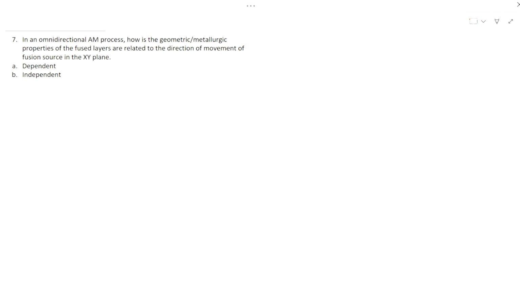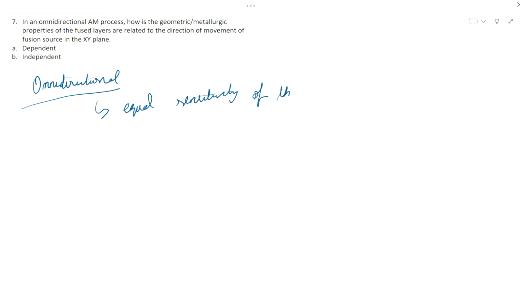Okay. The question is, how are the geometric or metallurgical properties of the fused layers related to the direction of movement of the fusion source in the XY plane? So, what does omnidirectional mean? Omnidirectional means equal sensitivity of the process in all directions.